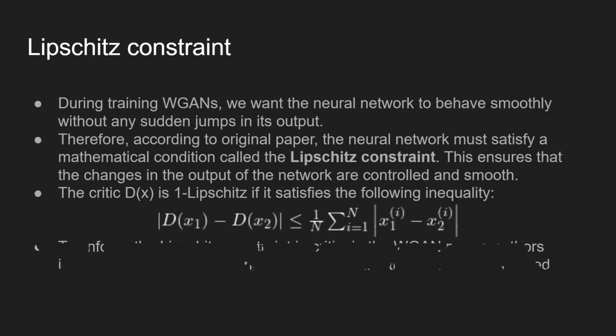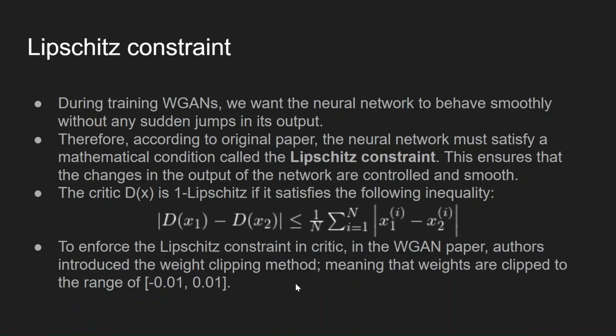To enforce this Lipschitz constraint in the critic, in the WGAN paper the authors introduced the weight clipping method, which means that weights are clipped to the range of negative 0.01 and positive 0.01. These are the values which were introduced in the original paper.